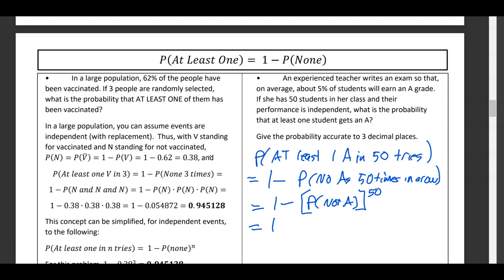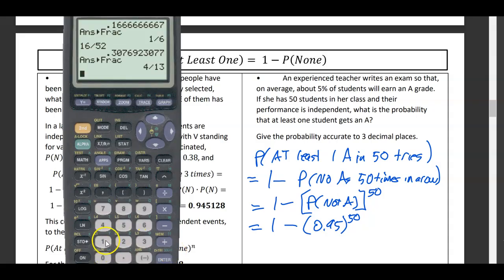Okay, so probability of getting an A is 5%. The probability of not getting an A, therefore, would be 95%. The other 95% of people don't get an A. We have to find one of those 50 times in a row. 1 minus 0.95 to the 50th. 92.3%. Accurate to 3 decimal places.